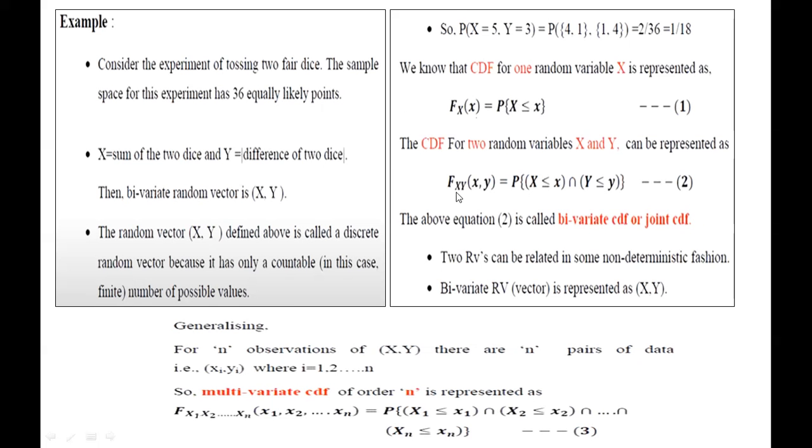For two random variables, you need to write both random variables XY with the capital F notation, which is equal to the intersection of probabilities of the individual random variables. Here, two variables X and Y are considered, hence it is called bivariate cumulative distribution function, or joint CDF.